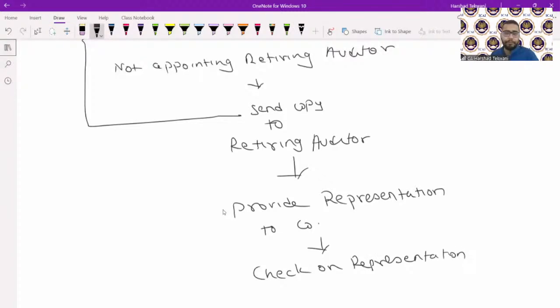Clear? Now this was the special notice and the provision related to the reading of representations.